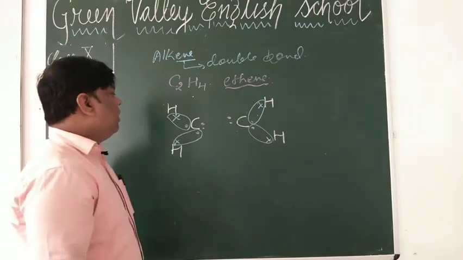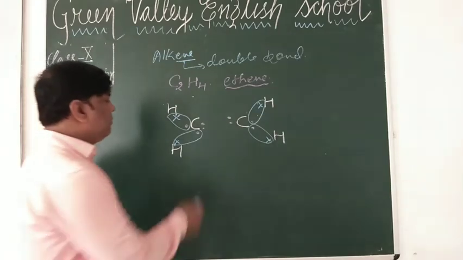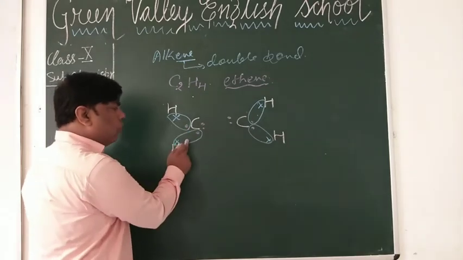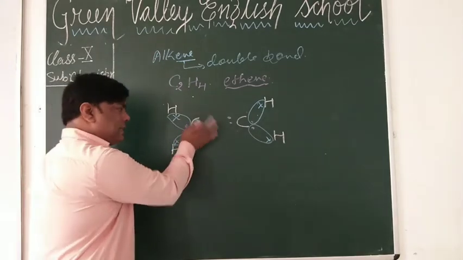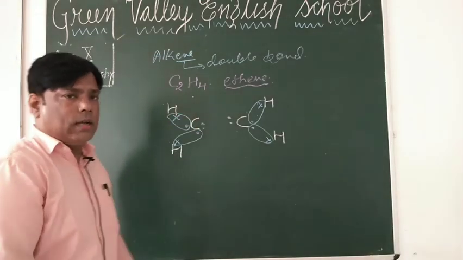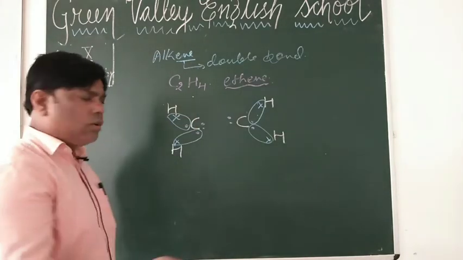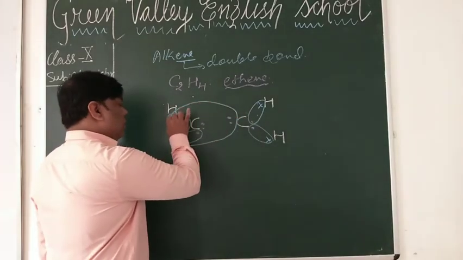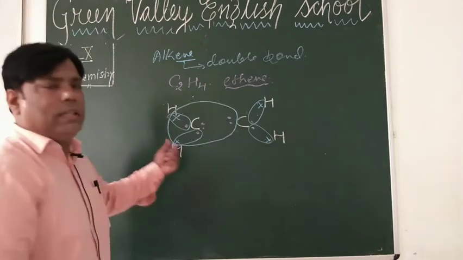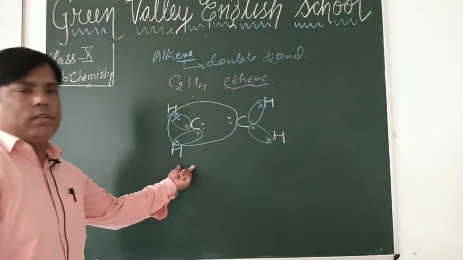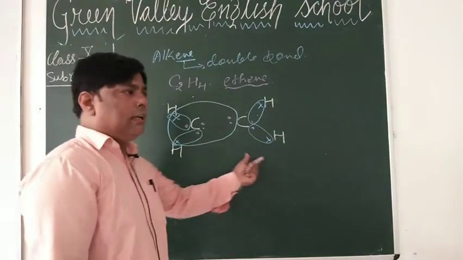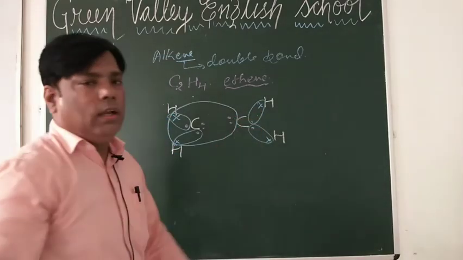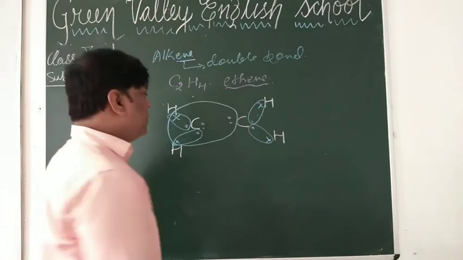So now octet of carbon. What about octet of carbon atom? 2, 4 and 6. There are 6 electrons surrounded by carbon, but carbon needs 2 more electrons. So it will take 2 electrons from this carbon. Now octet of carbon as well as hydrogen is completed in first carbon. What about in second carbon? There are 2, 4, 6 electrons, but this carbon needs 8 electrons to complete its octet.